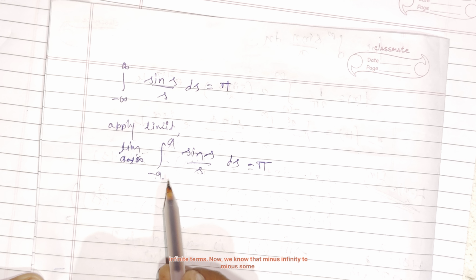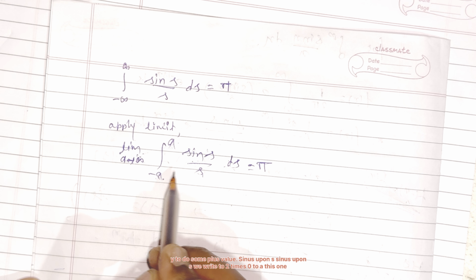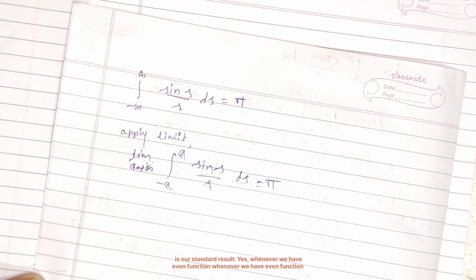This is the standard rule for solving integrals with infinite limits. Now we know that for the integral from minus some value to plus some value of sin s upon s, we write 2 times the integral from 0 to a. This is our standard result whenever we have an even function.